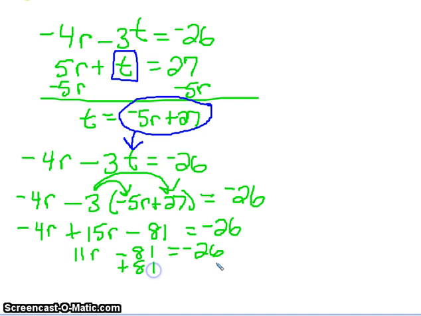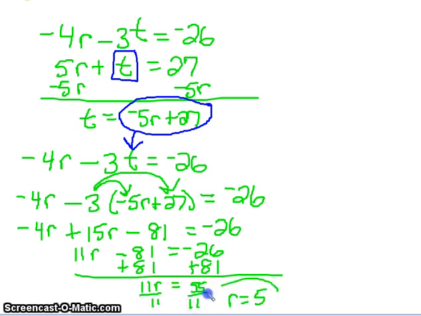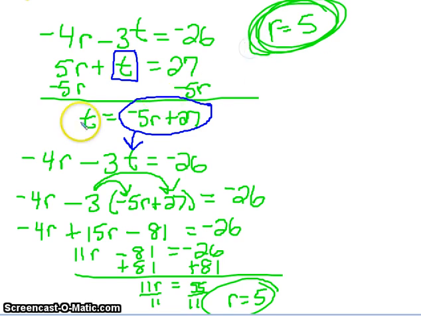If we add 81 to both sides, we get 11r equal to 55. Divide both sides by 11, and r equals 5. We know r equals 5, but we also have to know what t equals. If you had made a mistake, you don't want to plug back in here, so I'm going to go with one of my originals.